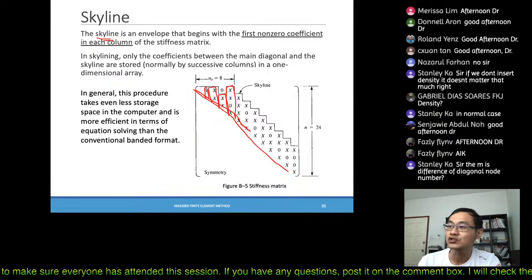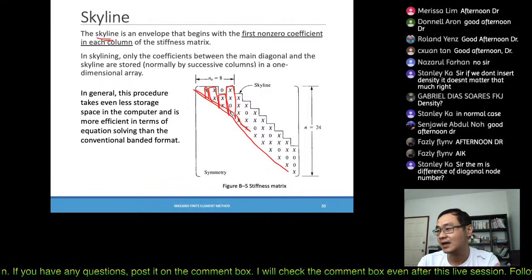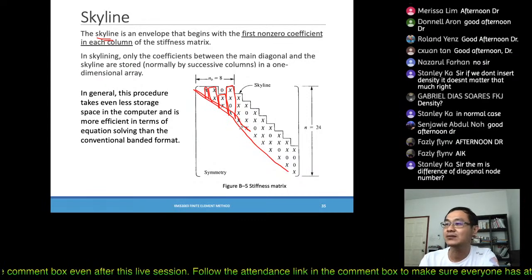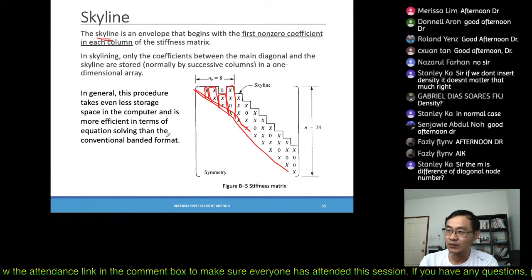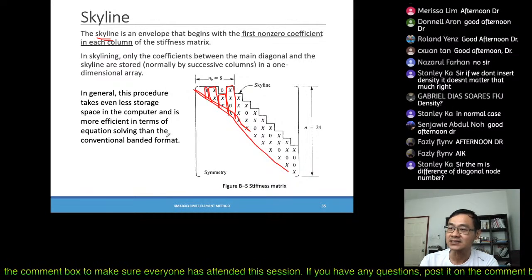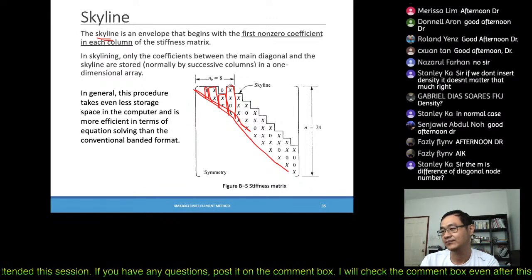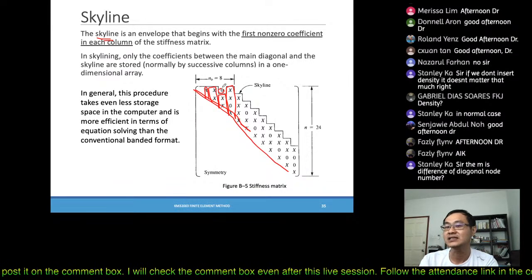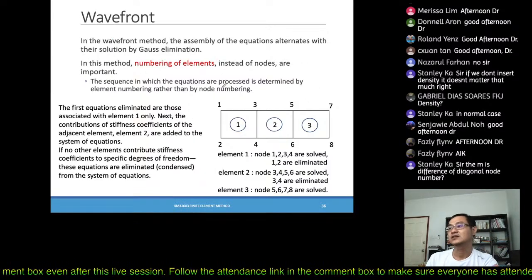So now we will store it as 1, then x, x, x, x, x, x, 0, x, x, and then x, x, x, x, and so on. We will store it in the skyline way. Generally this will take even less storage than the conventional banded, because now we remove more zeros. You can see that this 0 is saved. So this is another method.